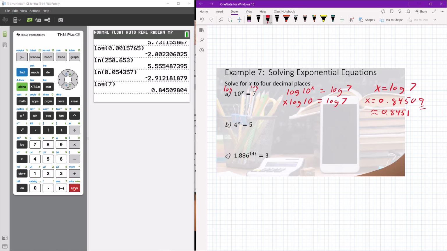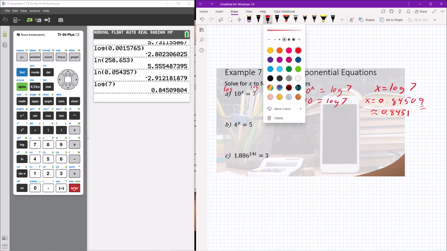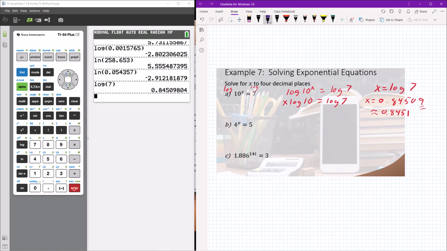Now for B, we're going to do it pretty much the same way. We're going to take the common log of both sides, and that will give me the log base 10 of 4 to the x is equal to the log base 10 of 5. Using the power property on the left-hand side, I will have x times the log base 10 of 4.